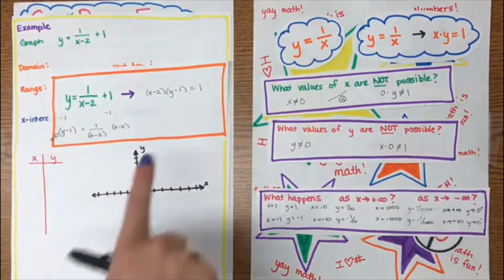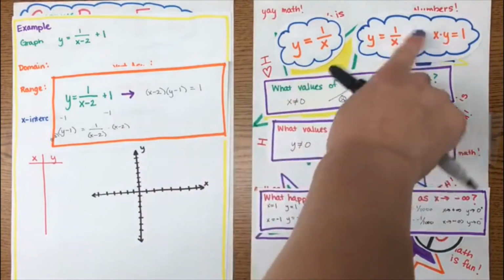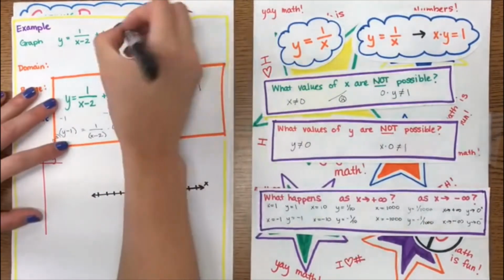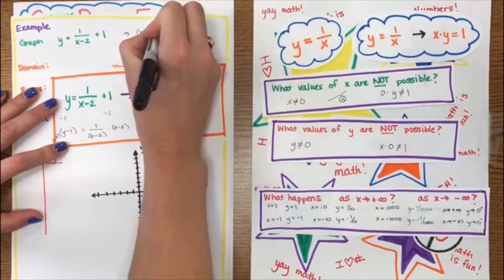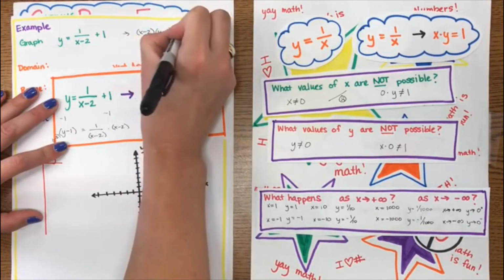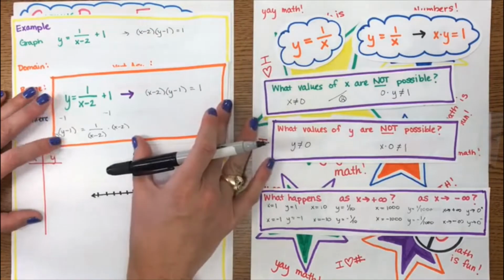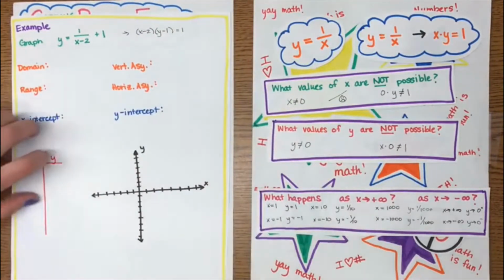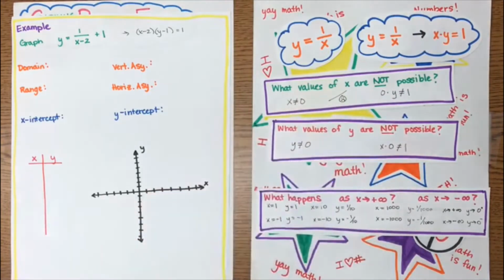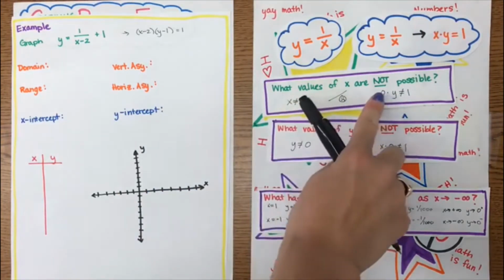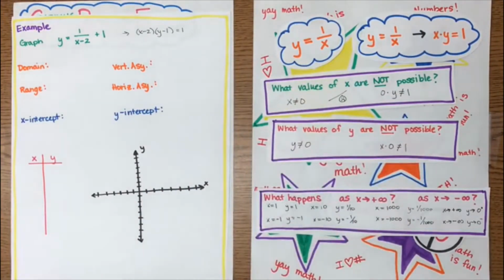Okay, so now I'm looking at something in the same form as that. So I can rewrite this as x minus 2 times y minus 1 is equal to 1. What I said over here when we were looking at how to find what values of x and y are not possible was that 0 times any number is 0.